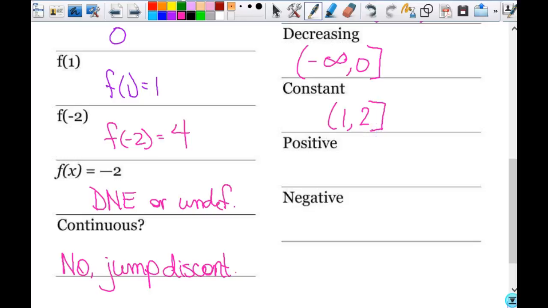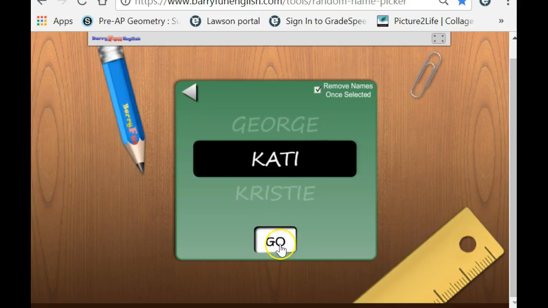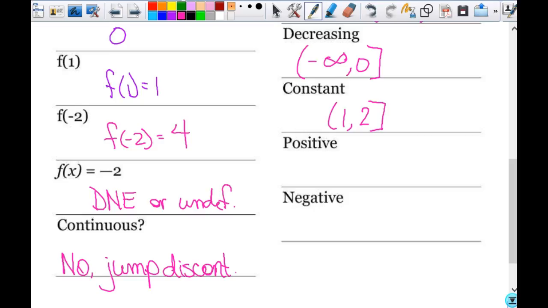Okay. Positive and negative. George, give me positive intervals. Okay, negative infinity to infinity. Right.